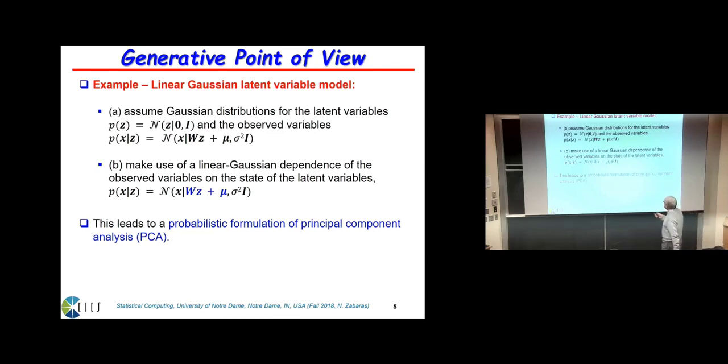Now, z is going to be lower dimensional than x, which means W is not going to be a square matrix. So W is going to have lots of rows and a few columns, to account for the fact that z is a reduced representation of x. So the idea here is that if you sample z through this mapping, you actually generate realizations of x.